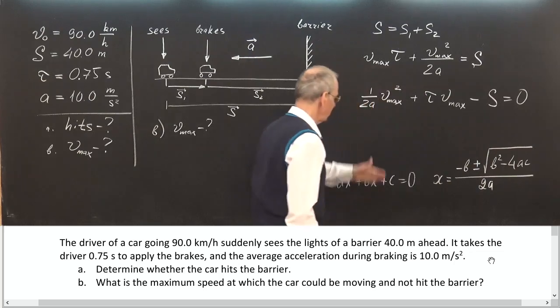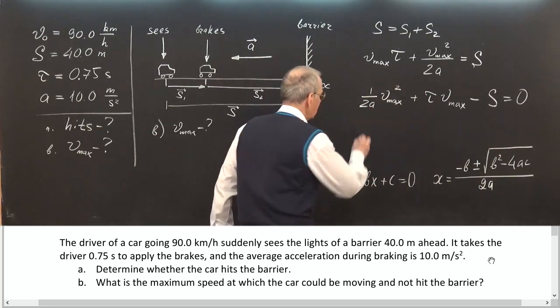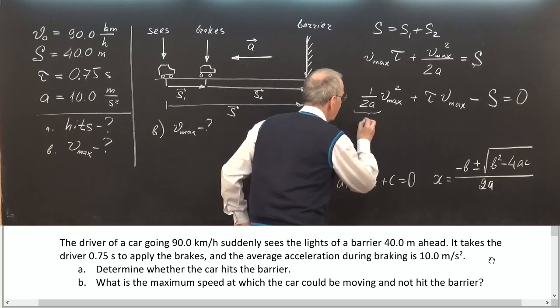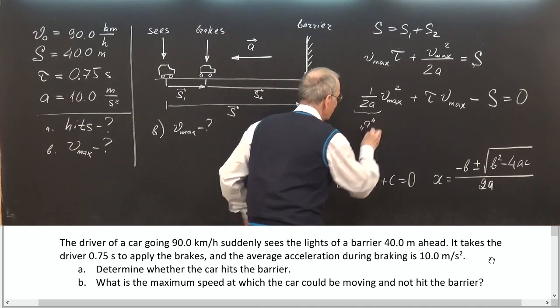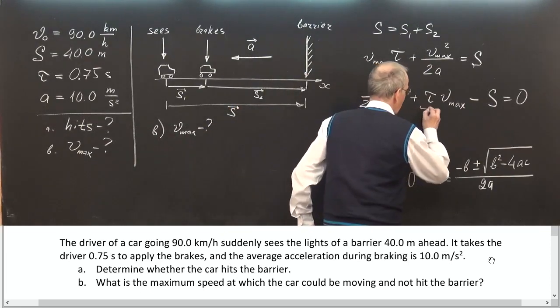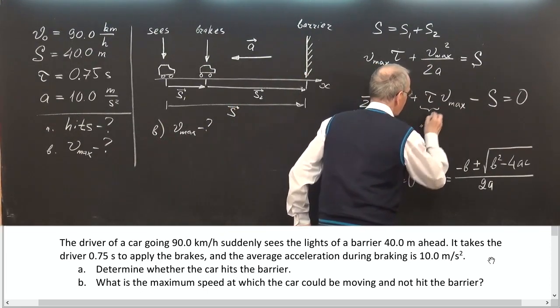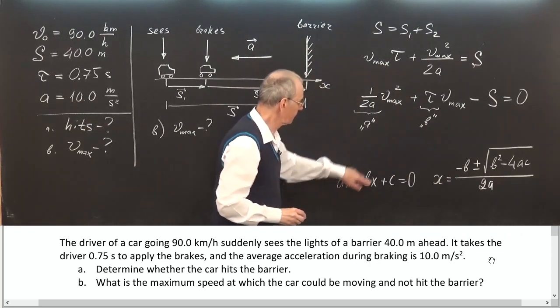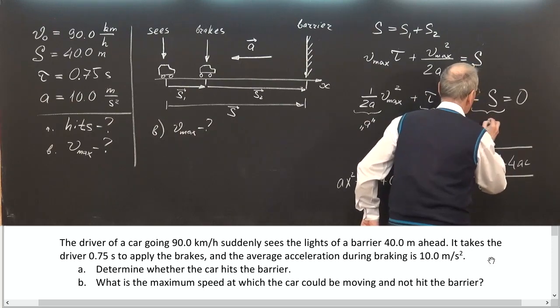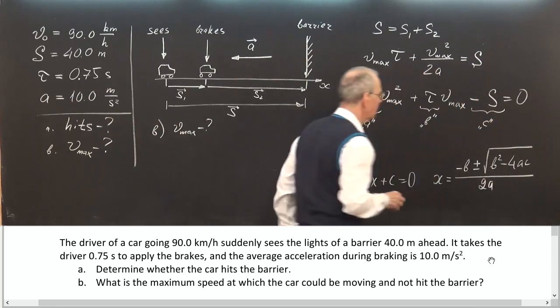Let's compare: 1 over 2a instead of a, tau instead of b, and minus S instead of c.